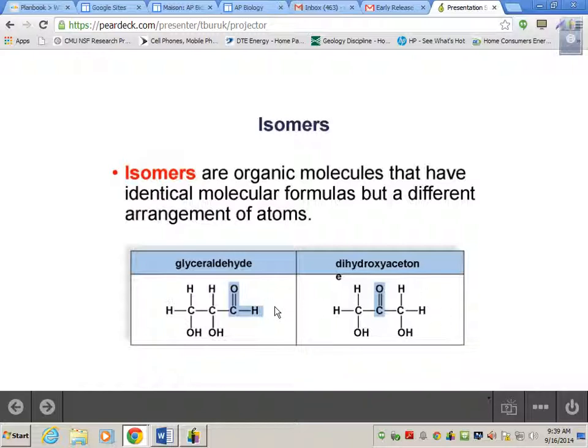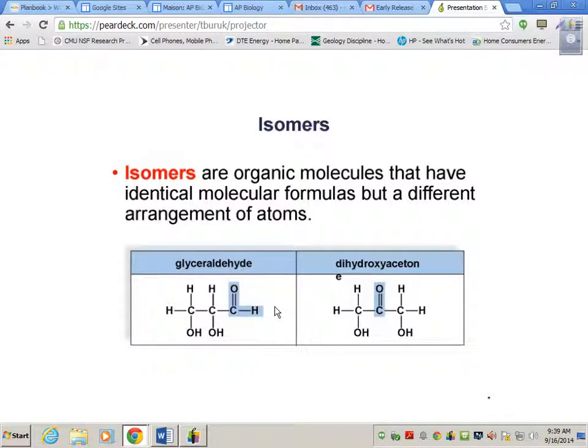You're expected to know that they are isomers. They aren't necessarily going to give you the formula, but you should be able to look at these two molecules and understand that they have the same formula but a different structure. They are isomers of each other. Do you think you could pick that concept out on a test? Okay.